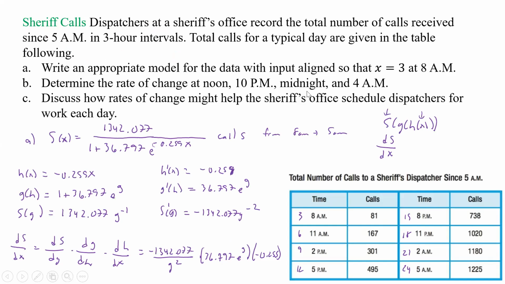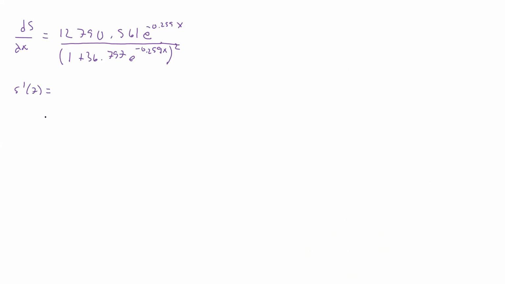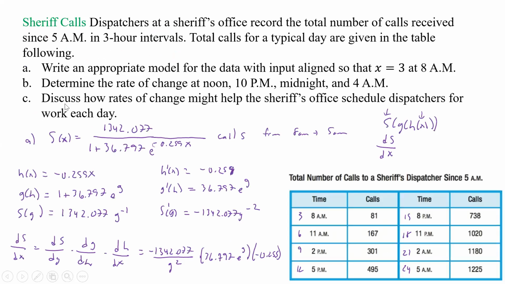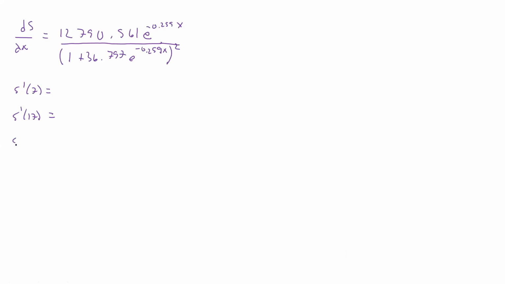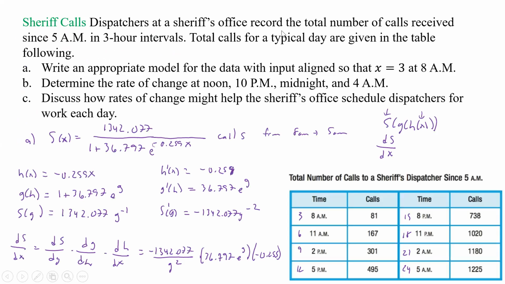We need 10 p.m. Okay, so it's 17. So we need S prime of 17. We need midnight, so that's going to be 19. And we need 4 a.m., so we need a 23.